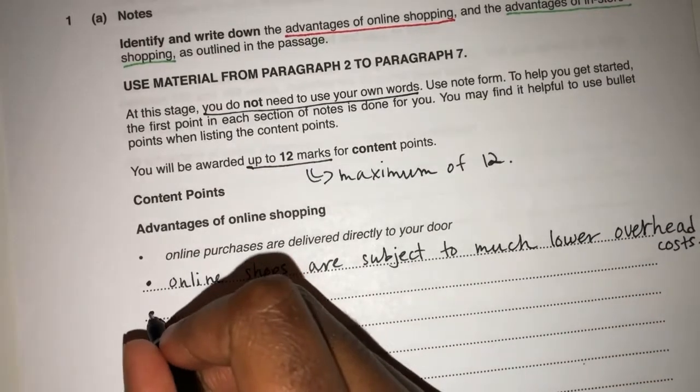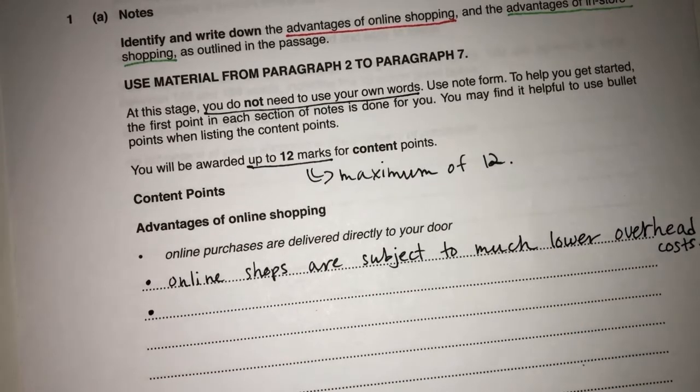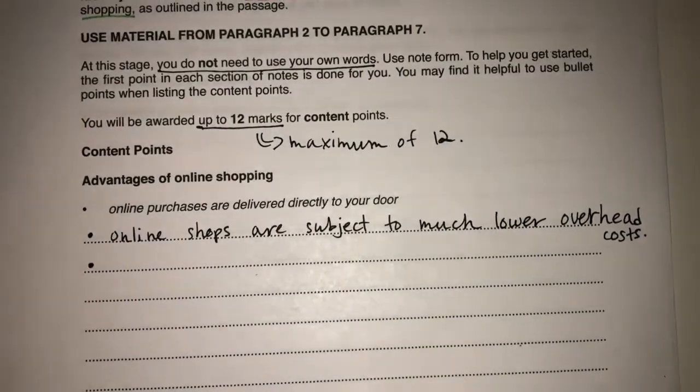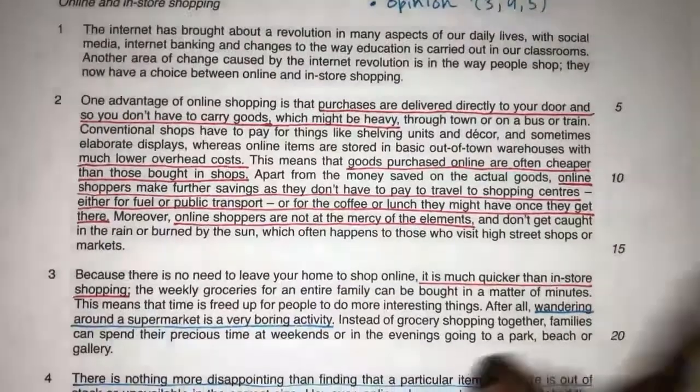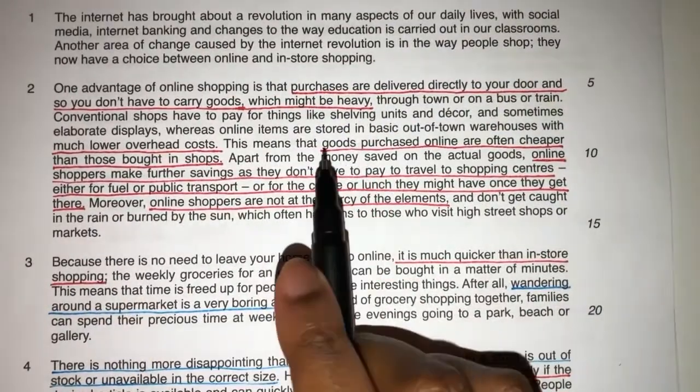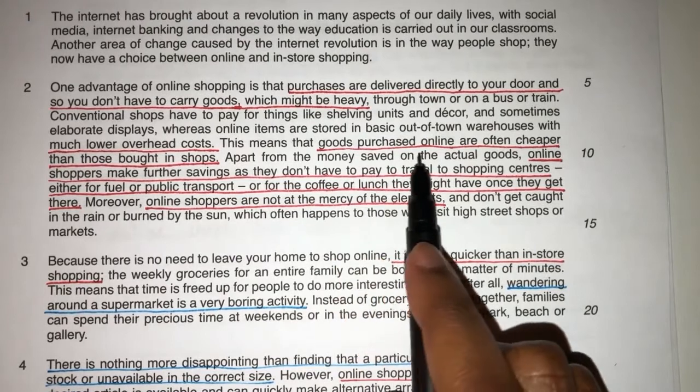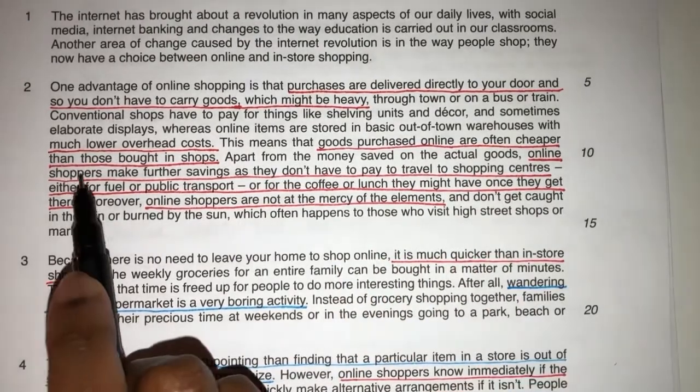Okay, second point. Moving on to the third thing I underlined. Goods purchased online are often cheaper than those bought in shops.